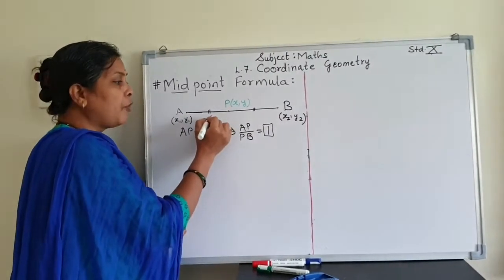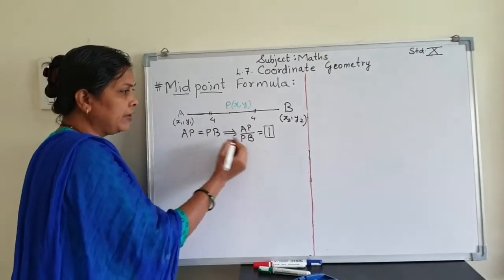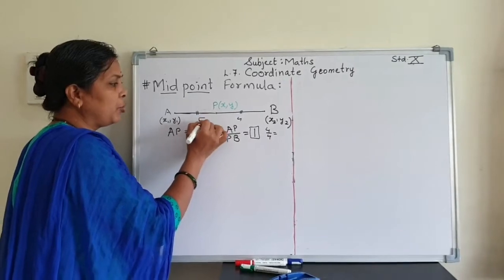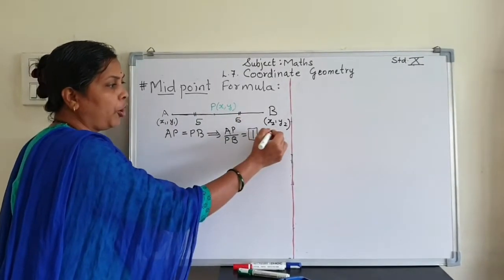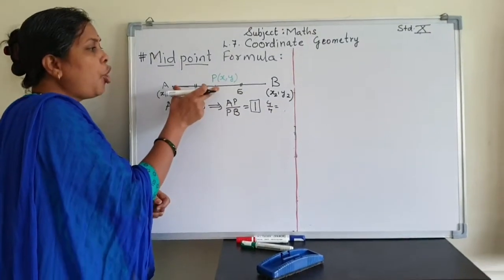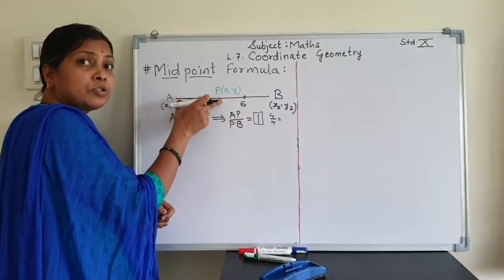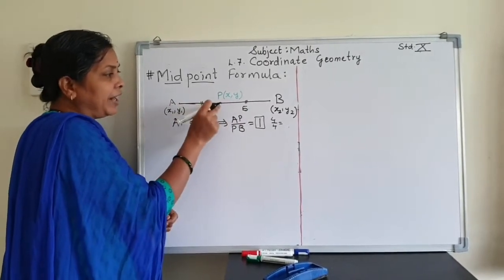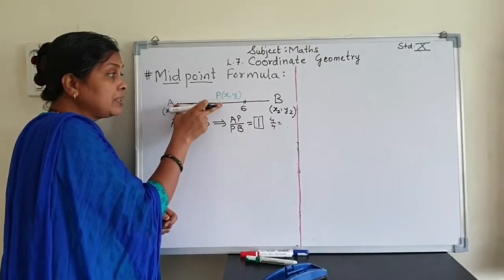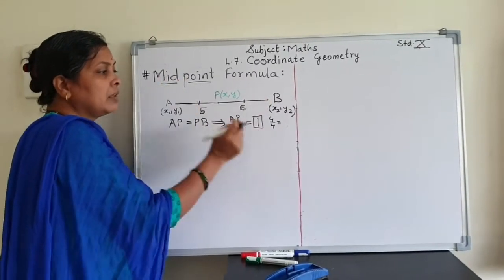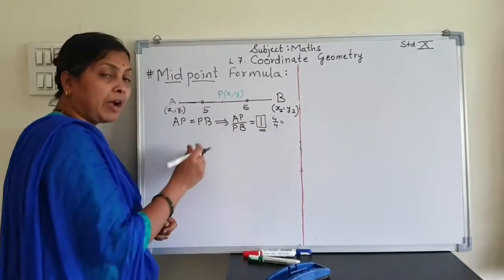It could be 4, 4. But if you say 4 upon 4, it is 1. If AP could be 5, 5, 5 upon 5 gives you 1. So this is how the ratio of these two segments, which AB is divided by P equally, always gives us the answer 1.